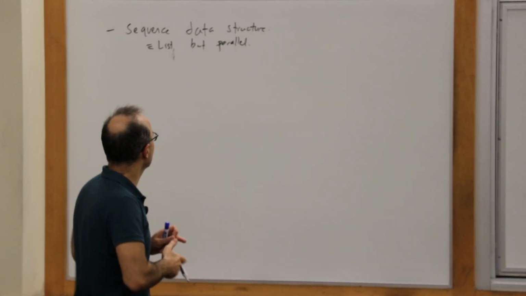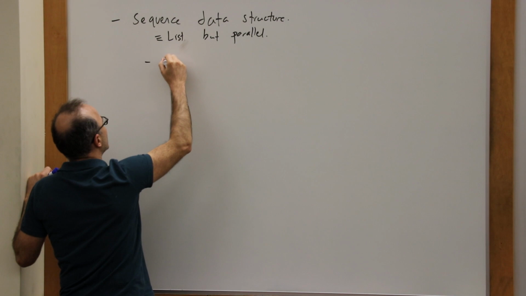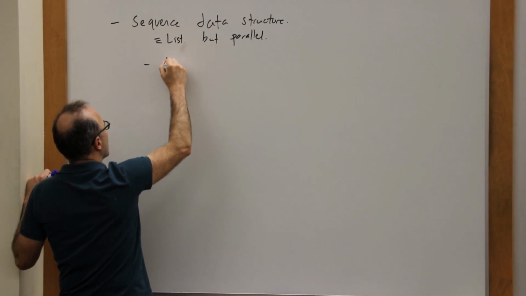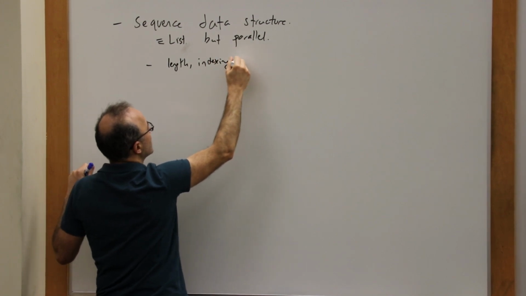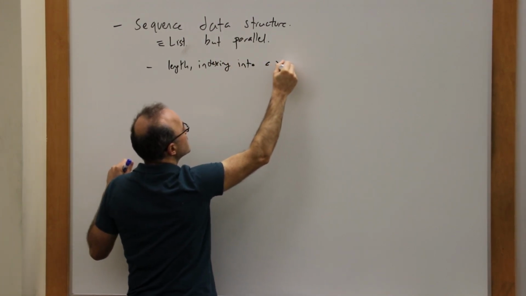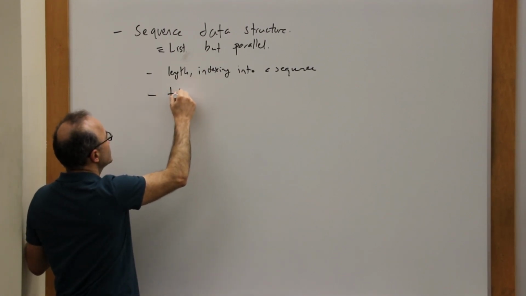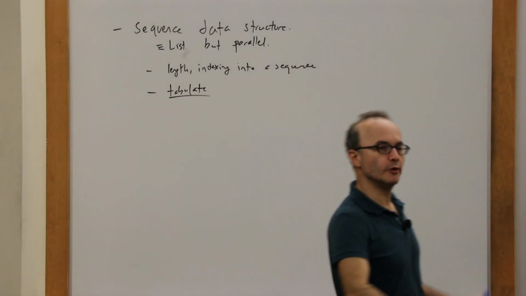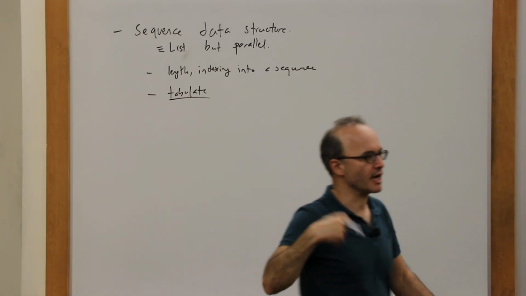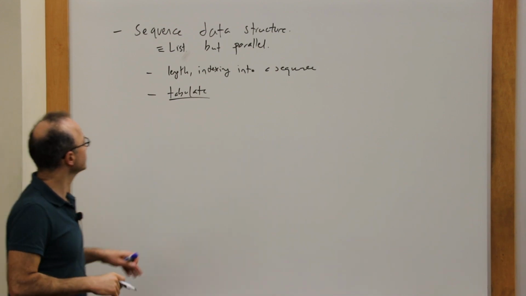Furthermore, we talked about some fundamental operations like length of a list, indexing into a sequence. We talked about tabulate, which allows us to make sequences by iterating over an index and mapping the index to a value.